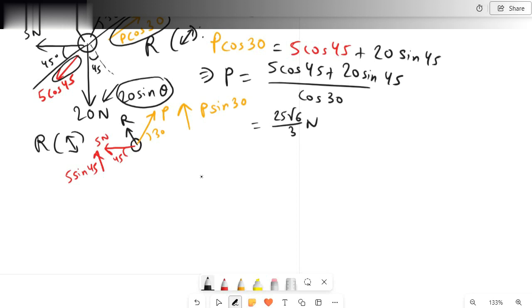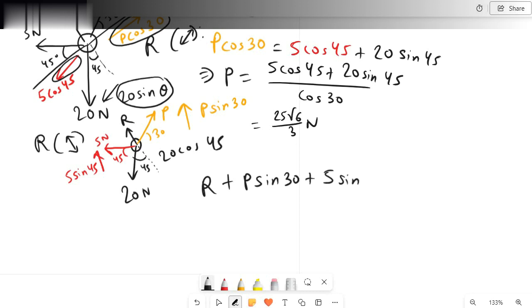And vertically downwards we have 20 newtons. So therefore the vertical component of 20 newtons with respect to the slope or the line is basically 20 cos theta, which is 45 in this case. So therefore we can say that R plus P sine 30 plus 5 sine 45 is going to be equal to 20.